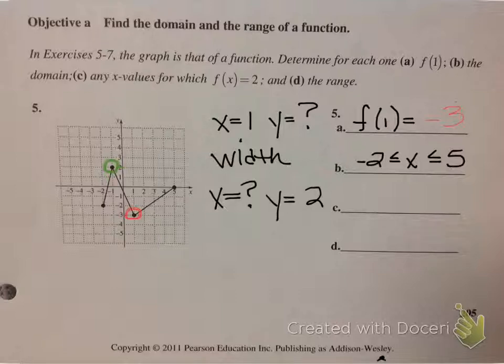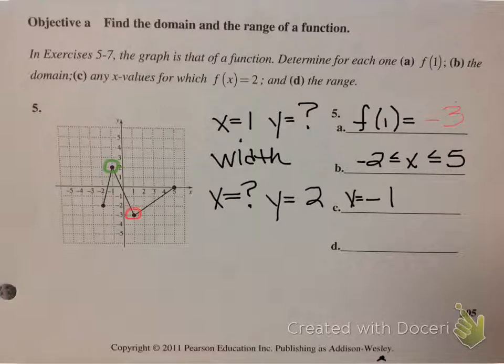What's the x that goes with it? -1. So our input value would be -1. Because they just want to know any x values. So x would be -1. You could put x equals there if that makes you feel better.